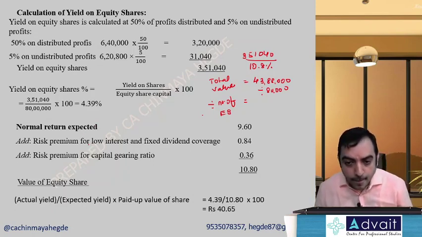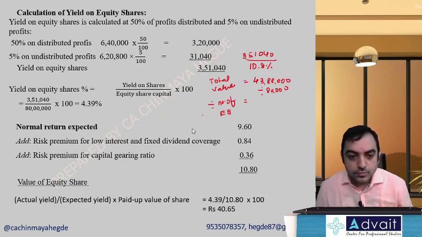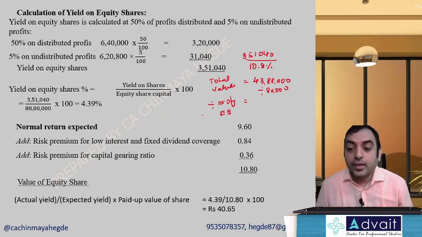Different number. Okay, oh, 32 lakh 50,000, is it? 3 lakh 51,040 divided by 10.8%.